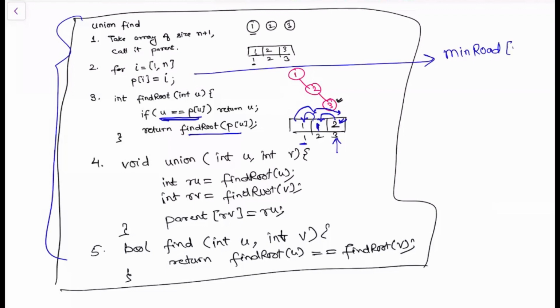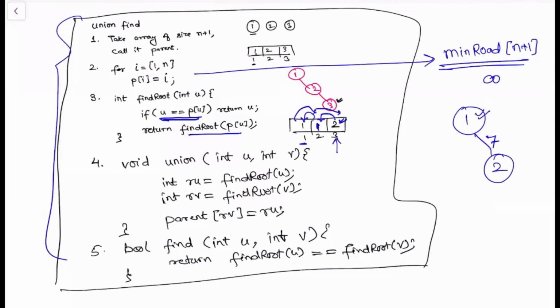That array will also be of size n plus 1. Initially, we will fill it with an infinite value, a very large value. And whenever you are joining two vertices, whenever you are joining 1 and 2, for 1, at root level, we will maintain the information, what is the minimum edge weight. So let's say 1 and 2 are connected with edge weight 7.